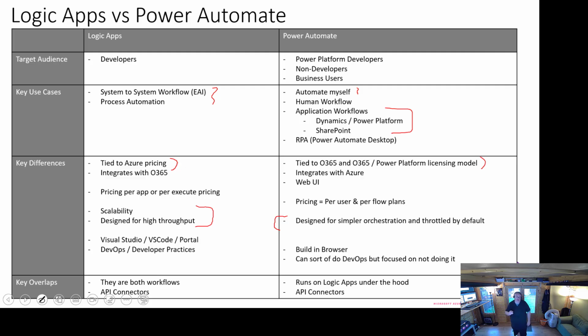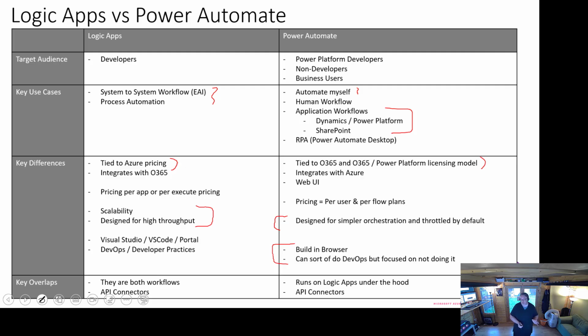Now, when it comes to building the workflows, there's a few differences here as well. With Power Platform, Power Automate, you're building your workflow in the browser as part of the Office 365 portal. You're not really coding it in a coding tool. If you look on the other side with Logic Apps, you can build them in Visual Studio, in VS Code. You can build them in the portal if you want.